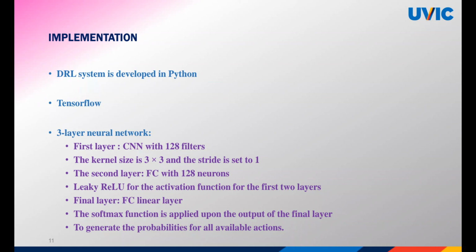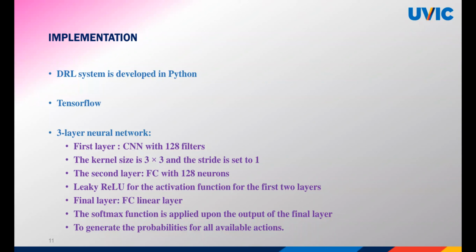We consider a three-layer neural network model. The first layer is a convolutional neural network with 128 filters. We consider the kernel size as 3 by 3 and the stride as 1. We consider a fully connected layer with 128 neurons as the second layer.